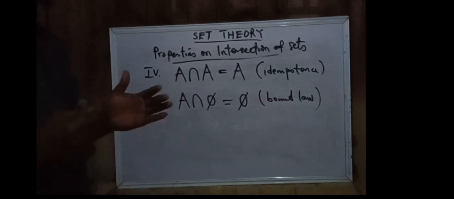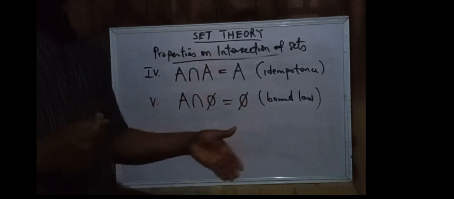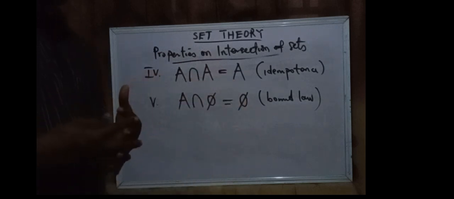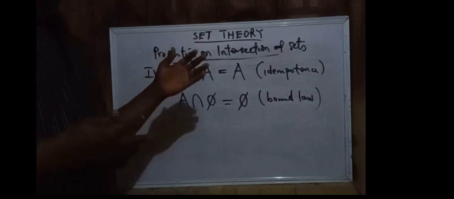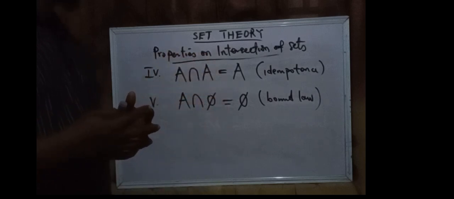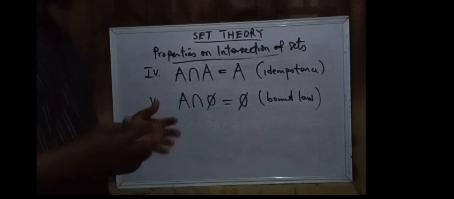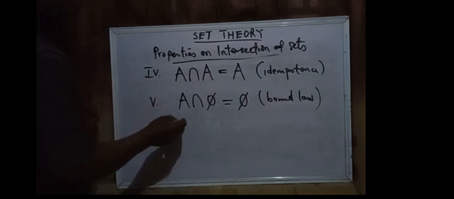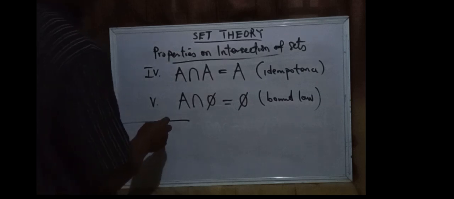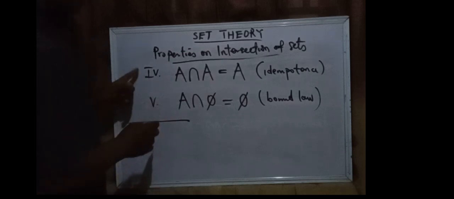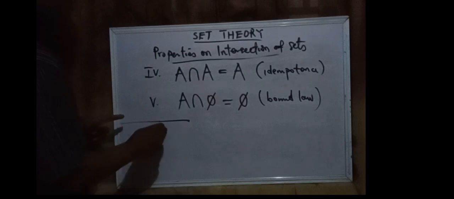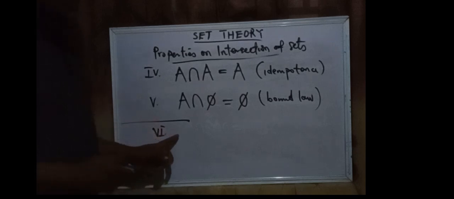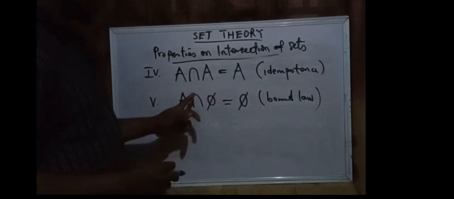Since we have discussed the union of sets earlier, there is a way to link up the union of sets and that of the intersection of sets. This will now bring up another law, which we know as the distributive law. The next law here combines both the union of sets and the intersection of sets.